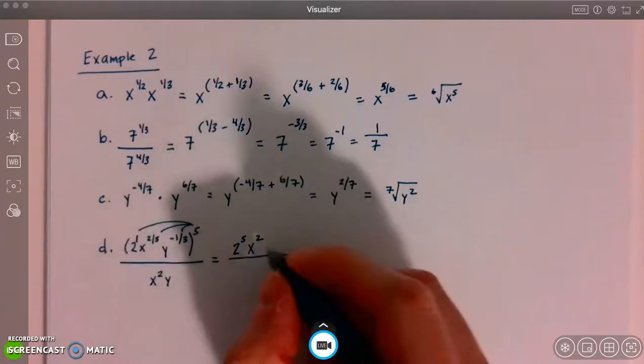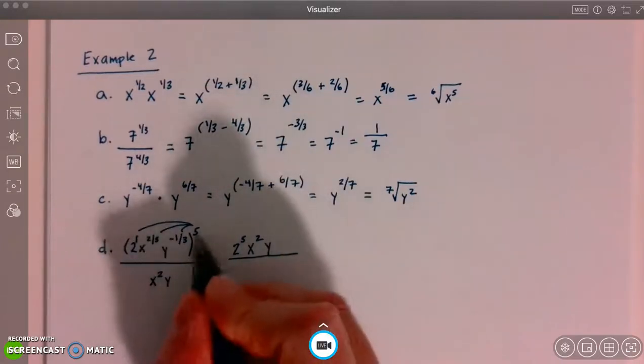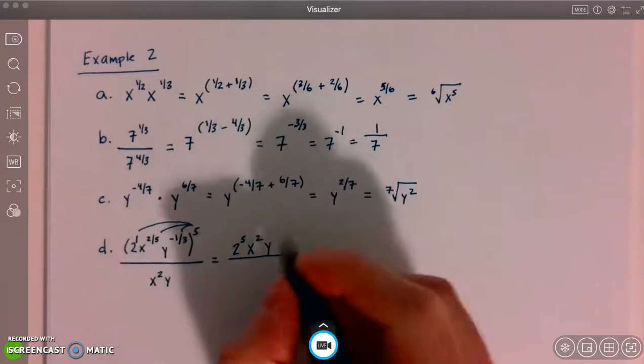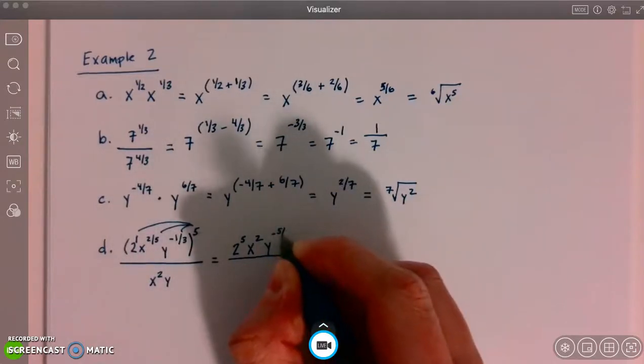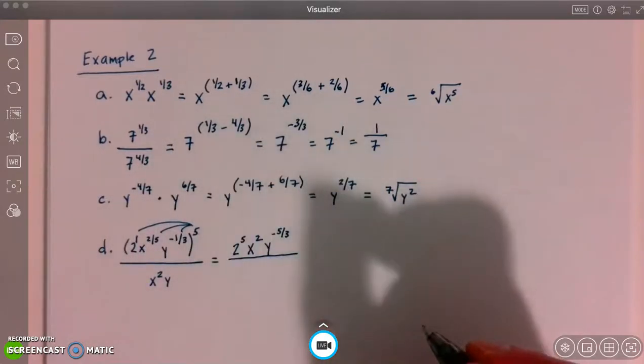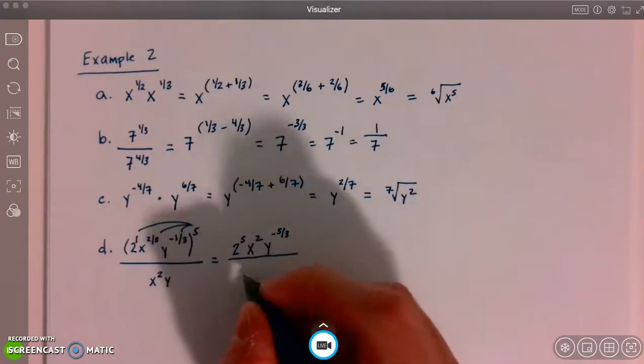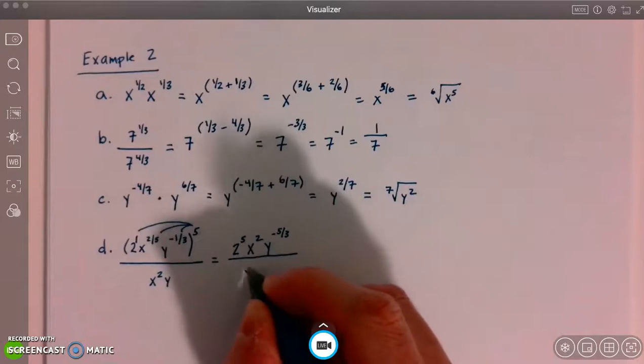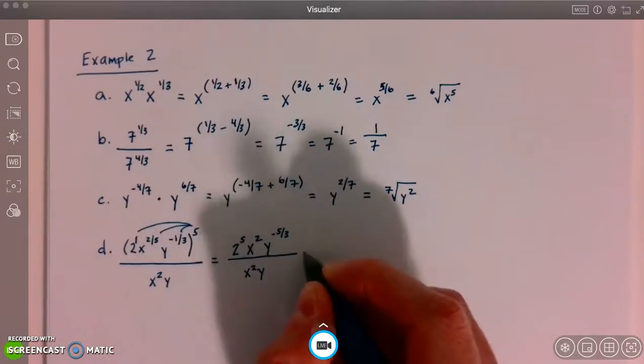And then for y, negative 1/3 times 5 is going to be negative 5/3. Next, we can see that in the denominator, we don't have to distribute anything, so I'm going to go ahead and leave it as it is.